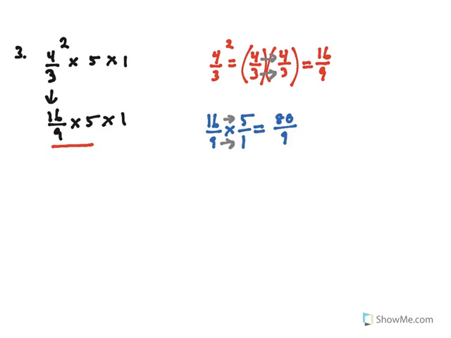Okay, and then that times 1 is going to give you 80 over 9. So 80 over 9 times 1 is still going to give me 80 over 9. Okay? And I knew that, and that's why I did 16 over 9 times 5. Okay? Get that out of the way, and then times it by 1, and then you're finished. All right? So that is a good example there. Okay? Let's do another one.